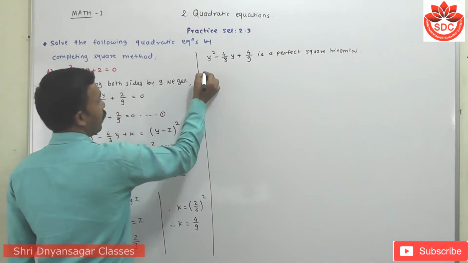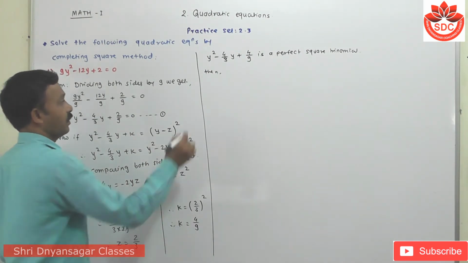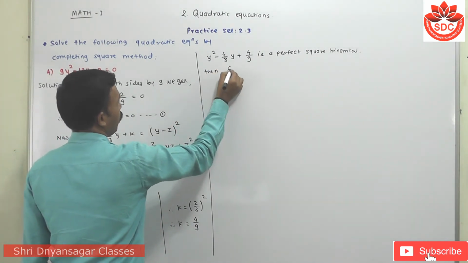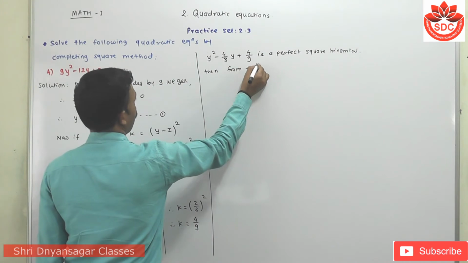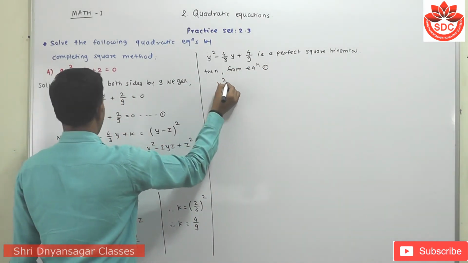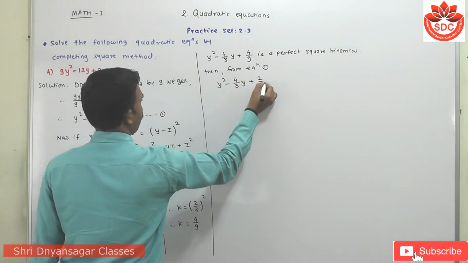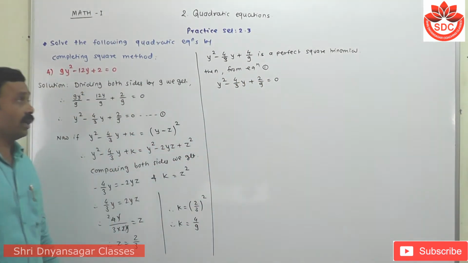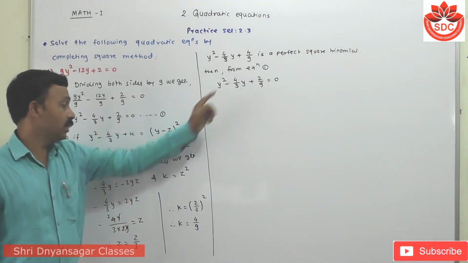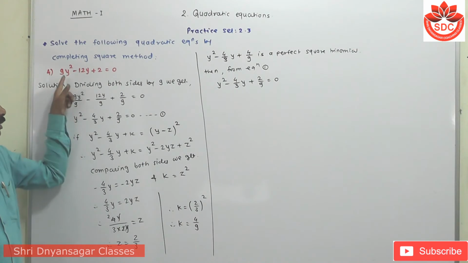Now then we take the equation. From equation first we write here, equation first is y square minus 4 upon 3y plus 2 upon 9 is equal to 0. Student, look carefully. You have to substitute this, minus 4 upon 3, from this equation, not this equation.